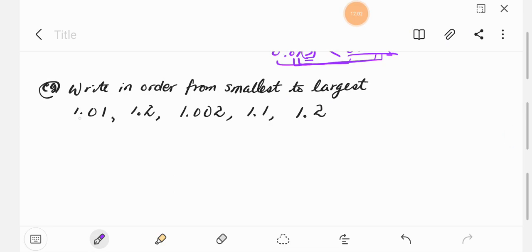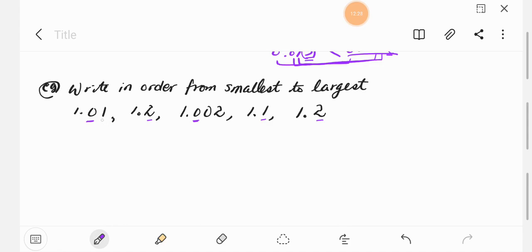All right, the ones digit. So the ones digit is all ones, so they're same. Then let's check the tenths digit. So this is 0, 2, 0, 1, 2. So 0 is a small number, right? Smaller than the others. So these two are candidates.